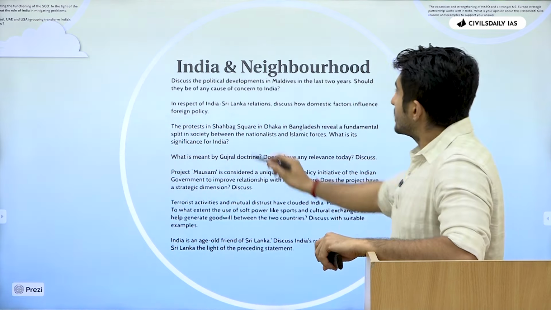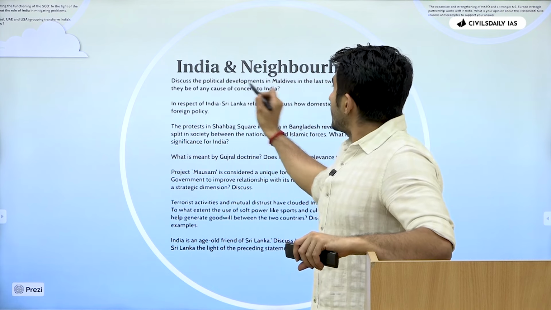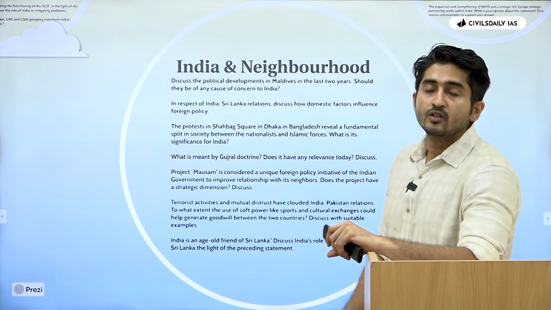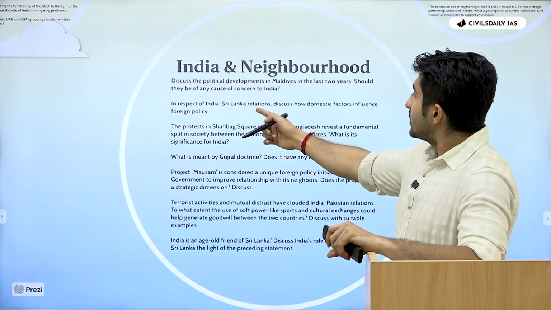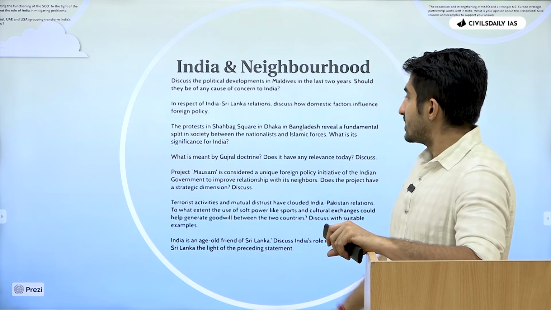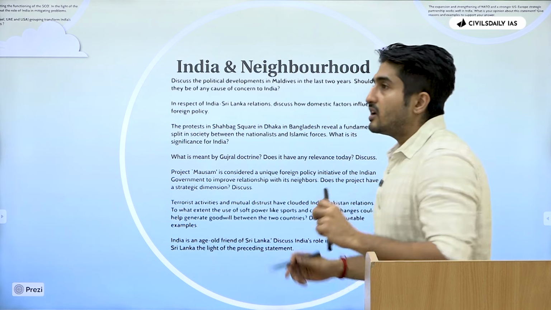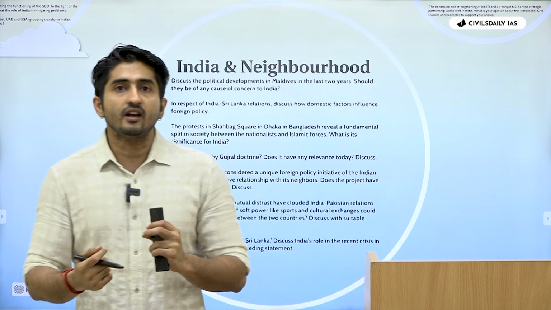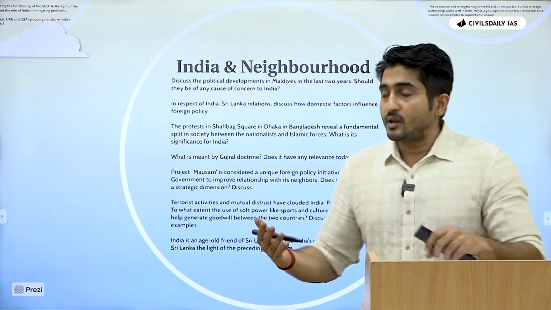Now, if you see the questions, discuss the political developments in Maldives in the last 2 years. Should there be any concern to India? Then the question has been on Sri Lanka, Bangladesh. Then any particular scheme or measure or any particular doctrine which India follows with respect to its neighborhood becomes very important.